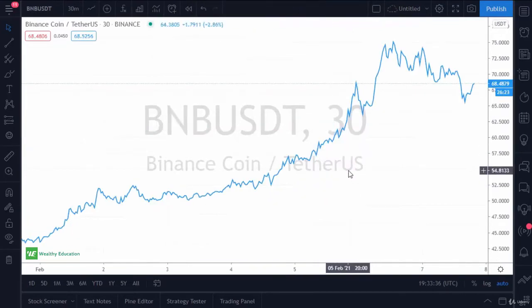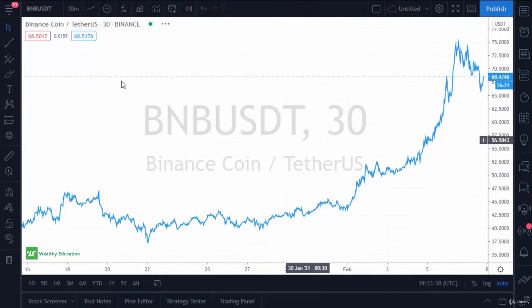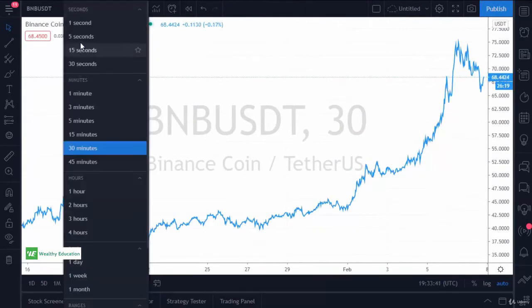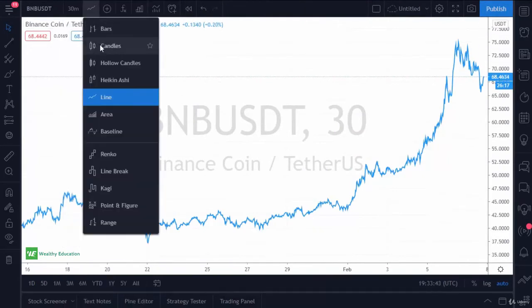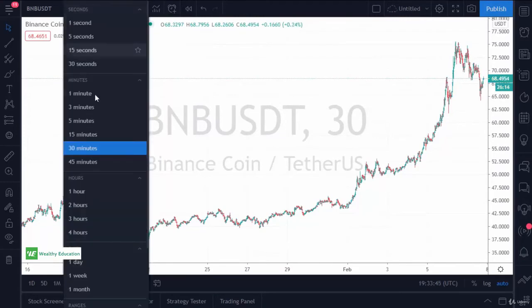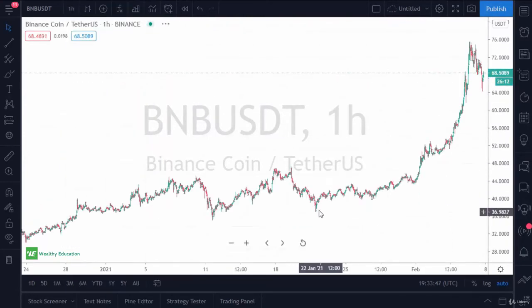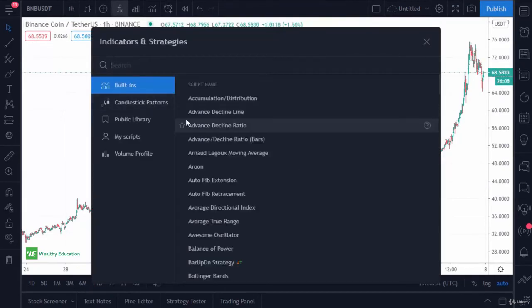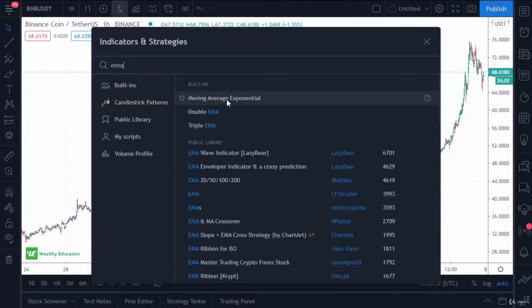Binance Coin. So I'll go ahead and change this to bars again, just for simplicity. We'll go to the 1 hour. Now let's go back into, you can also type in EMA if you want moving average exponential.